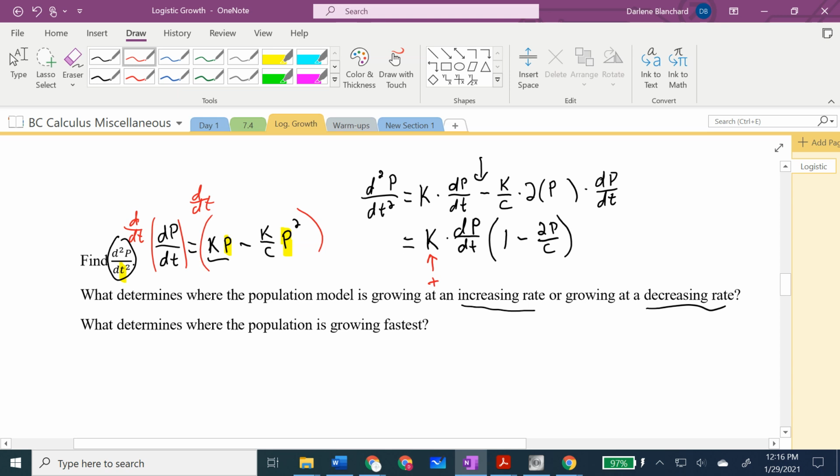Now, dP/dt, whether it's positive or negative depends on whether I am above carrying capacity or under carrying capacity. However, the way that this is worded, this says that it's growing. If it's growing, then I'm dealing with a positive dP/dt.